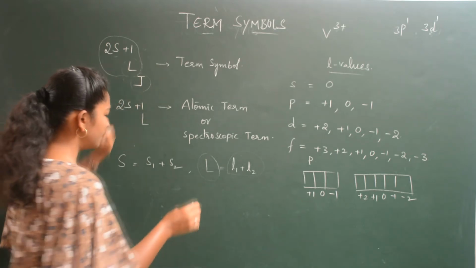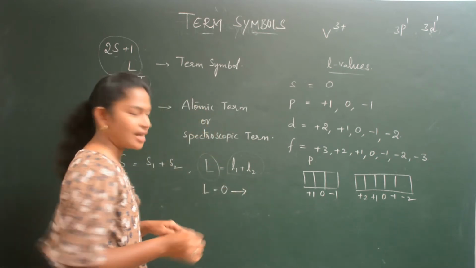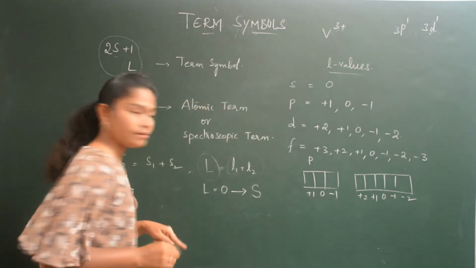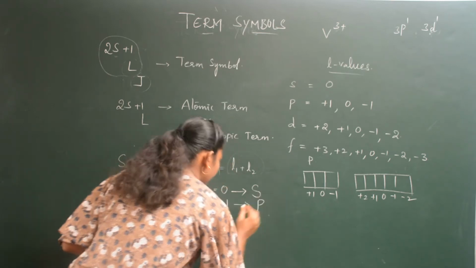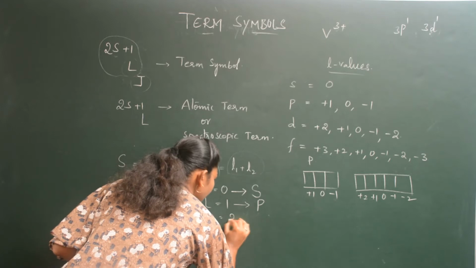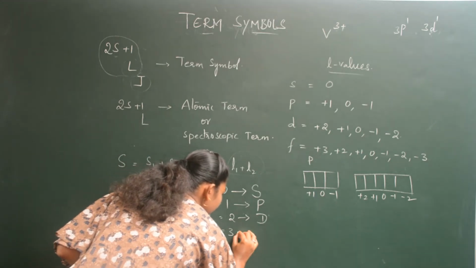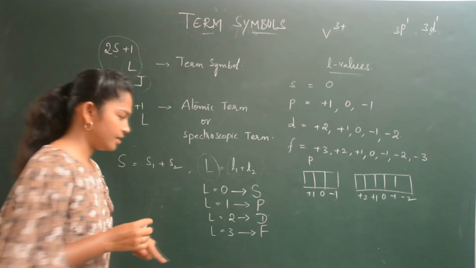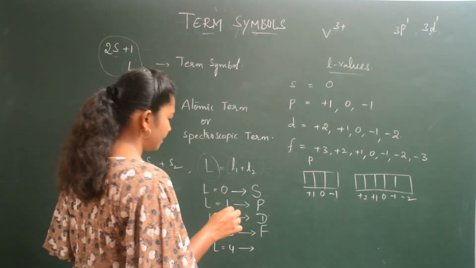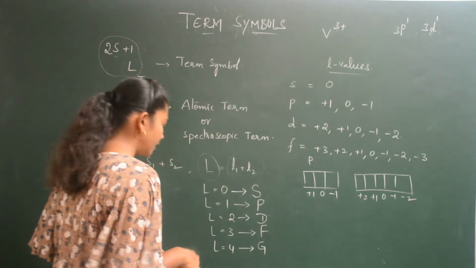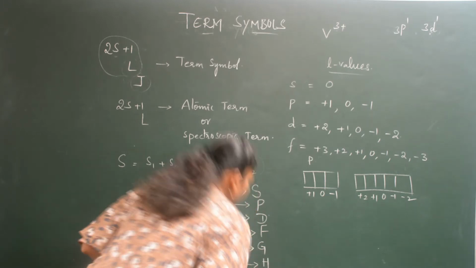If you get L equal to 0, then the term symbol will be written as S. If L is equal to 1, then we write P. If L is equal to 2, then D. If L is equal to 3, then F: S, P, D, F. L equal to 4, then G. If L is equal to 5, then it is H. This way and so on.